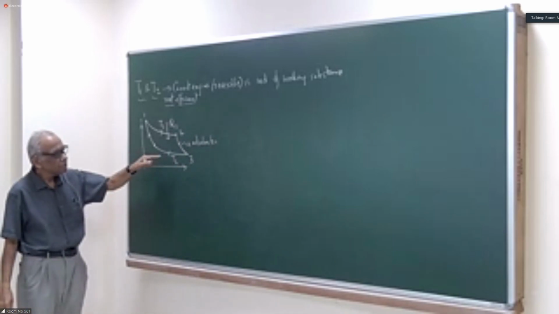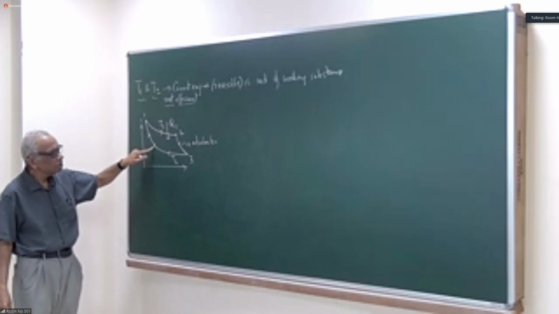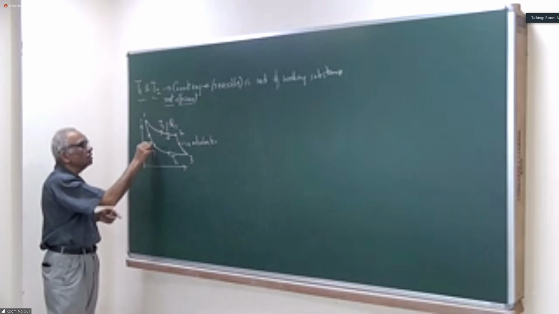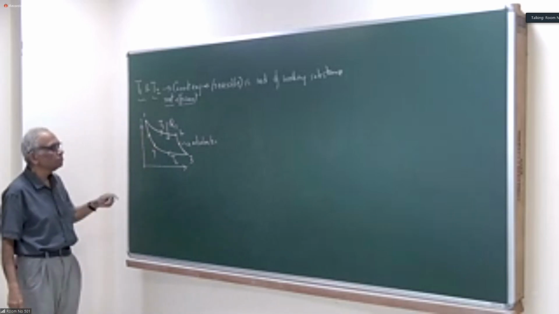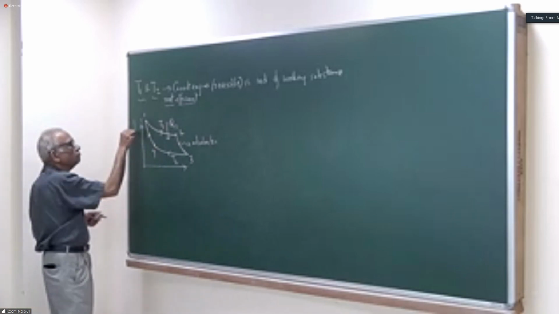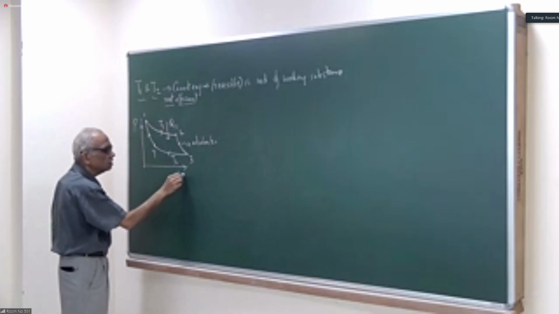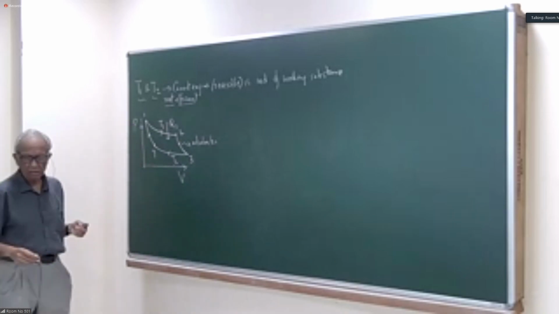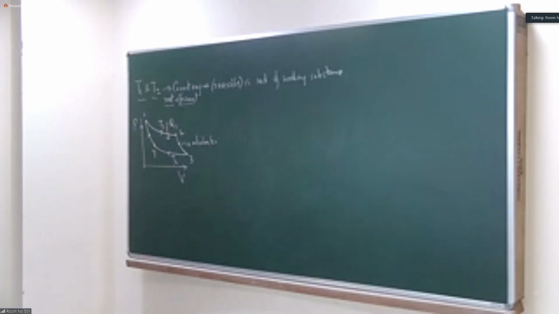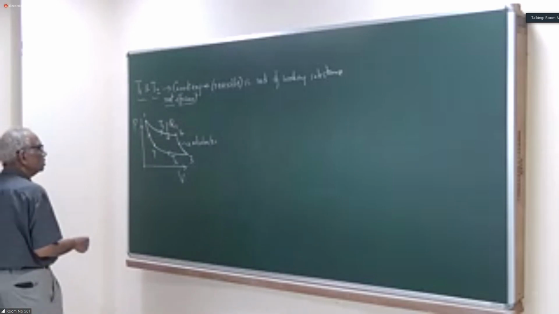Then a compression stroke takes you to point 4, and then an adiabatic step takes you back where you belong. So that's the cycle, all of it done slowly enough so that it's a reversible cycle.